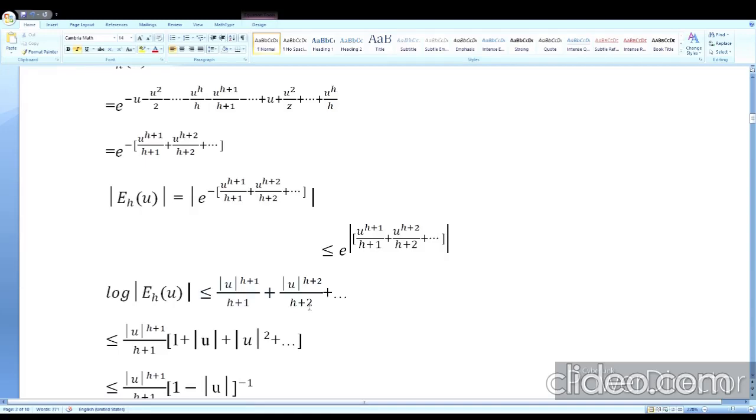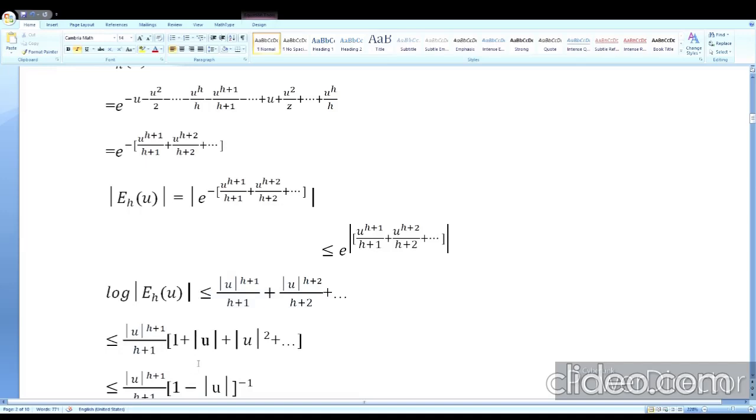Now take modulus of u power h + 1 outside, and we know that h + 2 is greater than h + 1, so 1/(h+2) is less than 1/(h+1).